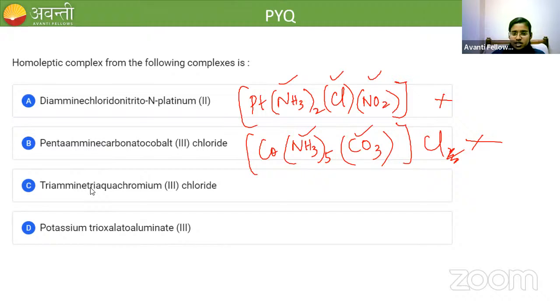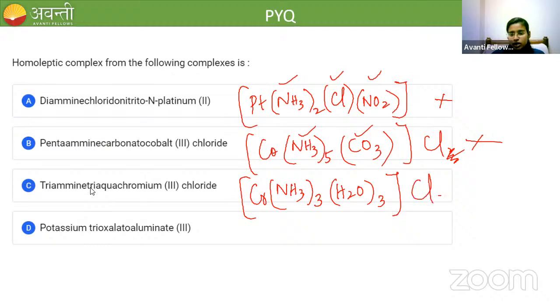Next, coming to option C. Triamine. Tri means 3-amine. Tri-aqua. So 3-aqua, H2O. Chromium 3 chloride. Okay, so here also we have two different types of ligand. So it is also not the answer.